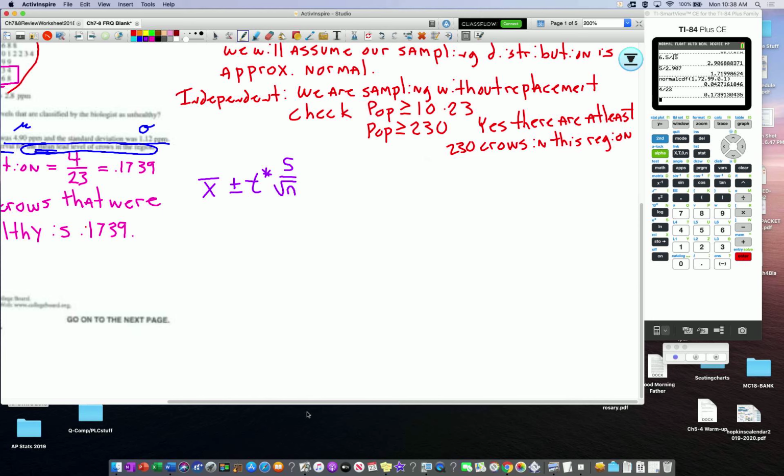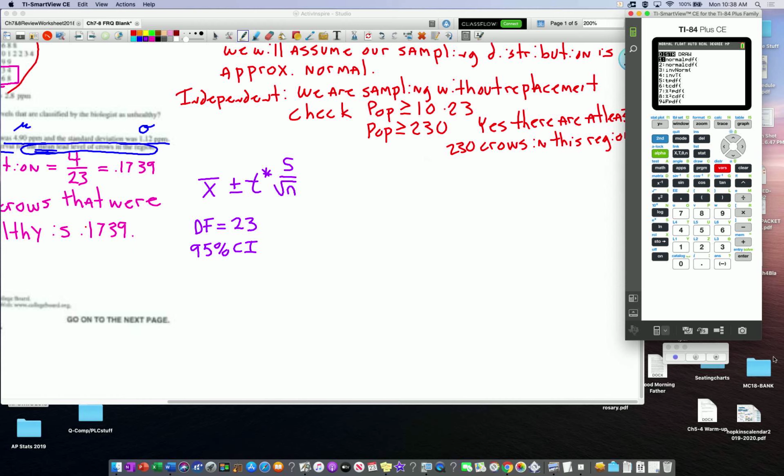Now, one of the things we need to do is get our t star score. Degrees of freedom is 23, and we have a 95% confidence interval. So we want to figure out what our t star is. If I go to second vars, you'll have inverse t.